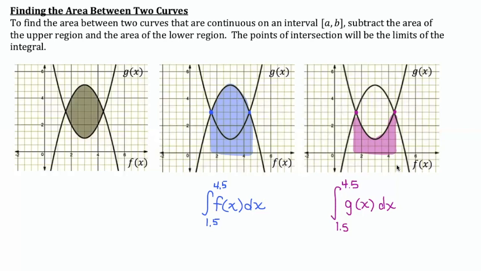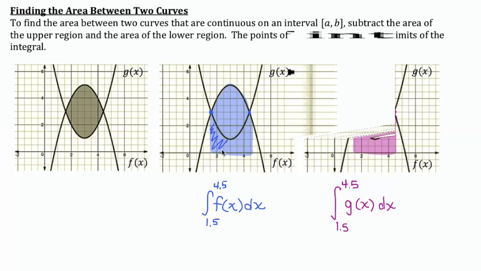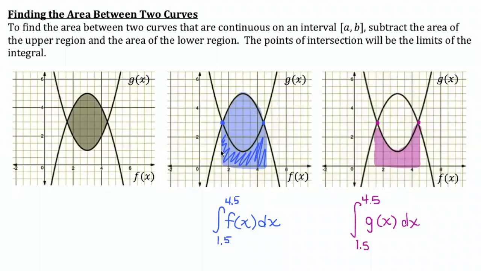So now looking at all three pictures together, if I want just this shaded area, the blue integral is calculating too much. It includes that shaded area, but also includes this stuff down here. Well, that stuff happens to be represented by the second integral. So if I were just to subtract that off, I would in fact have the proper area.